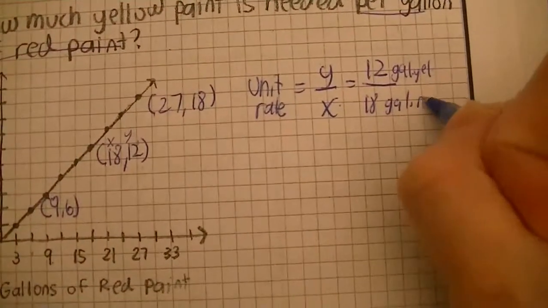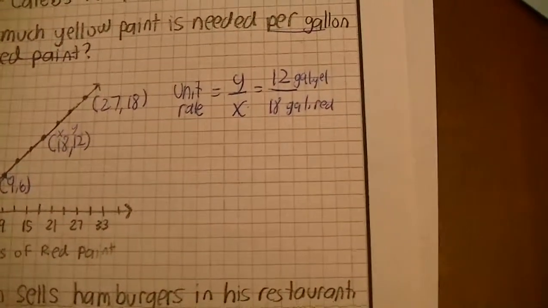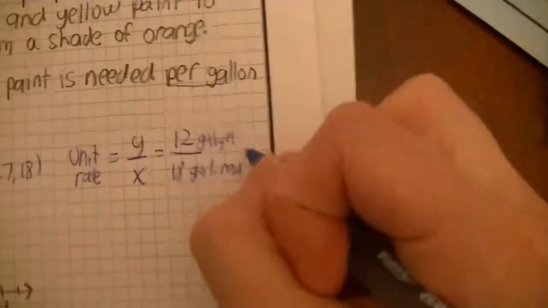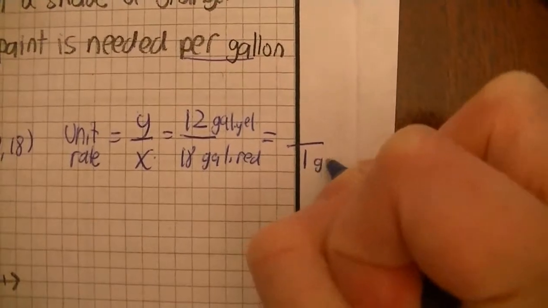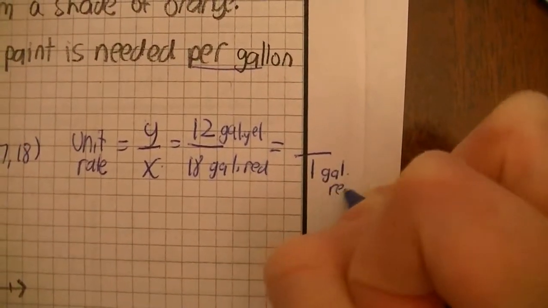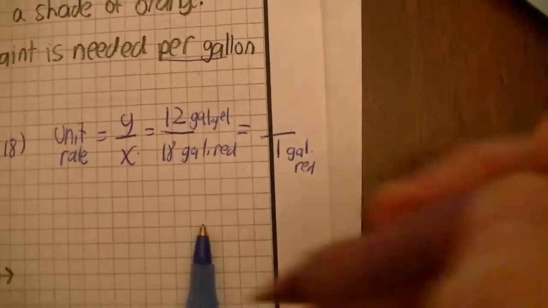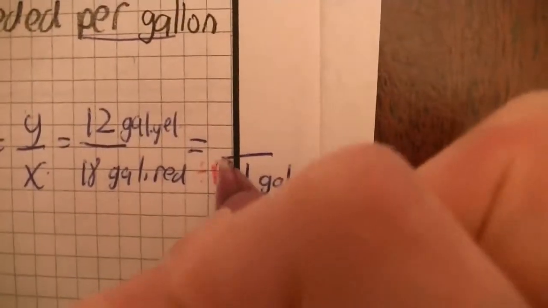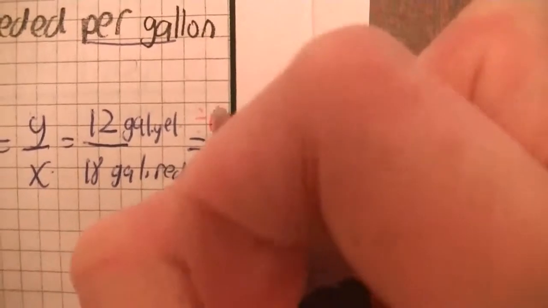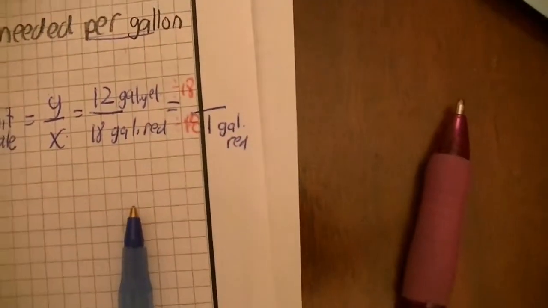red paint. And to find that unit rate, we want 1 in the denominator. So I'm going to go ahead and just simplify this fraction down with 1 on there in the denominator. Okay, so to go from 18 to 1, we just divided by 18. Sorry, you can't really see that. Divided by 18. So 12 divided by 18.